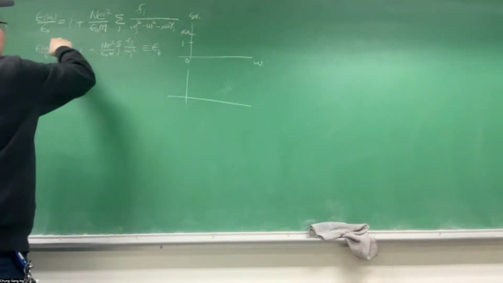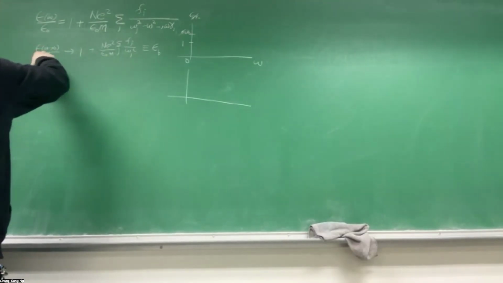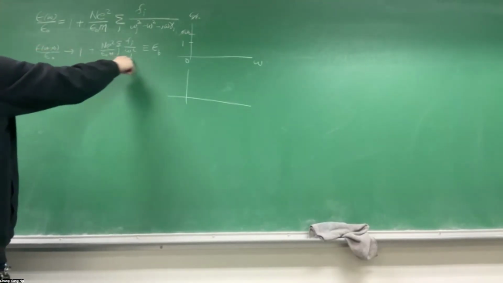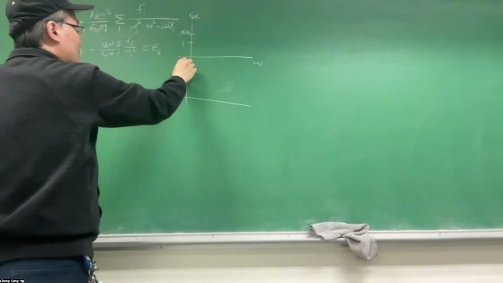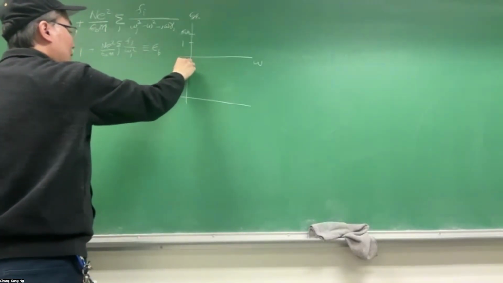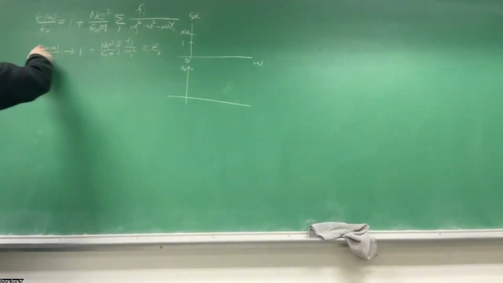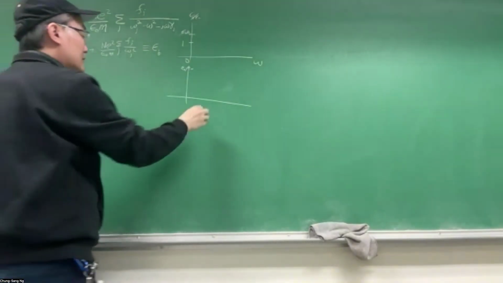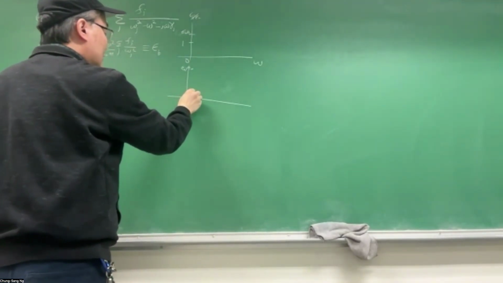As omega goes to zero, epsilon is real because this is a real number. So it also means that epsilon I, the imaginary part of epsilon, would be zero. So we start with zero.